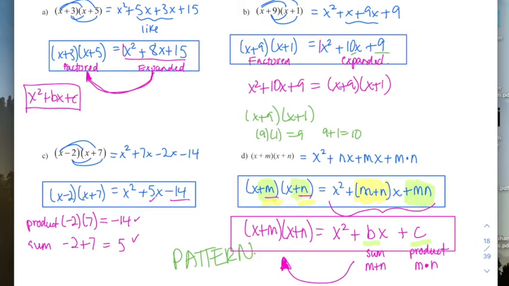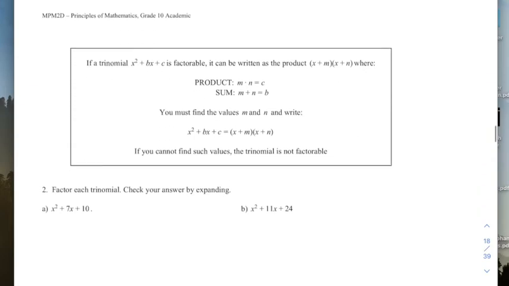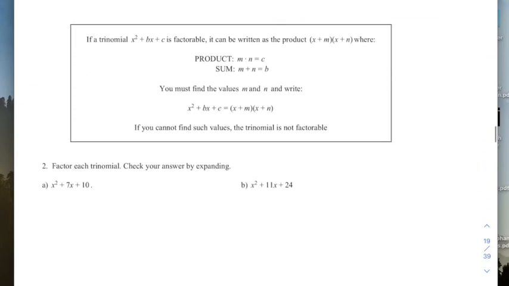So let me just restate that. It's all here in this box. If a trinomial in this form, x squared plus bx plus c, which we now know how to recognize, is factorable, we can write it as the product, and remember, product of polynomials means factoring, where m times n is c, referring to this c, and m plus n is b, referring to this term.